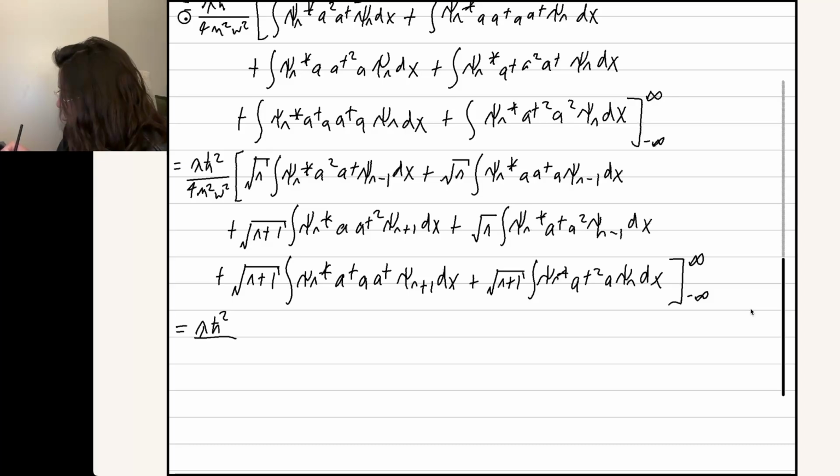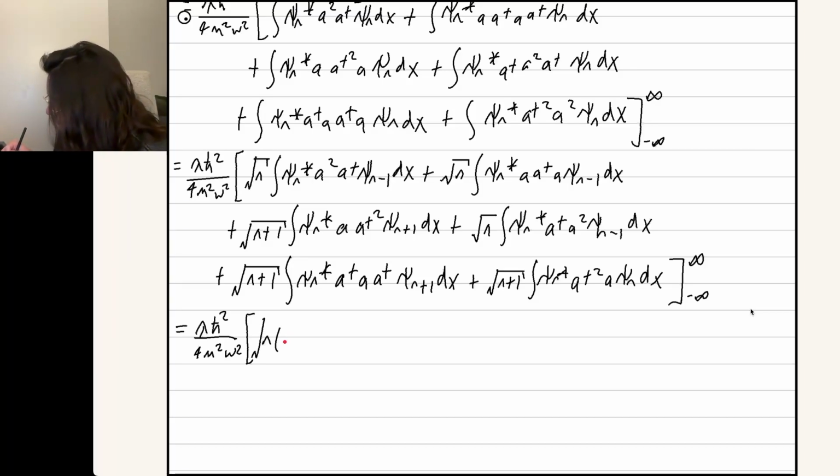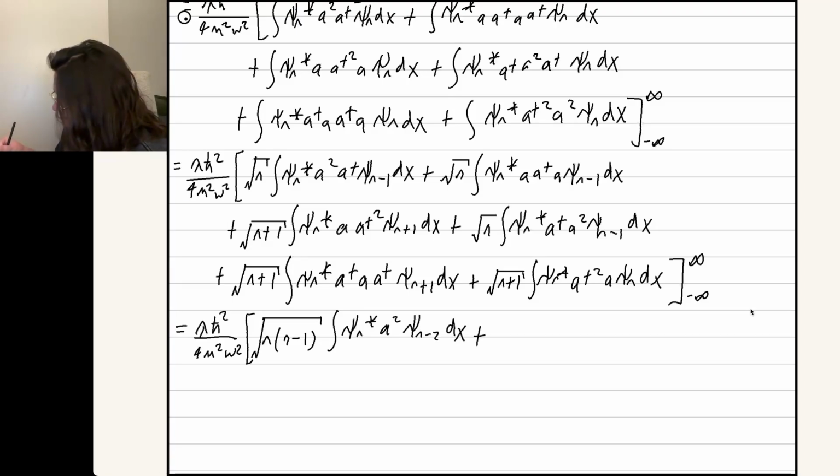So just chugging along here, applying the next set of operators. Now we'll have a factor of root n times root n minus 1, because it's a lowering operator. So psi n star a squared psi n minus 2 dx. But this is going to be an overall factor of n now.